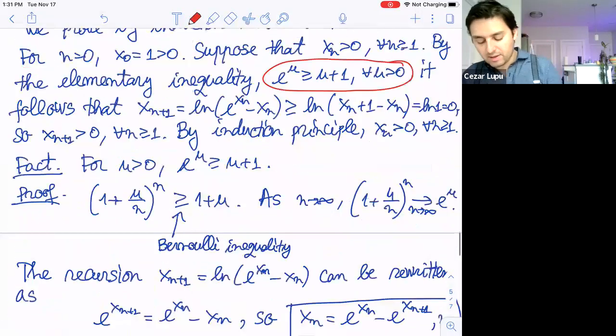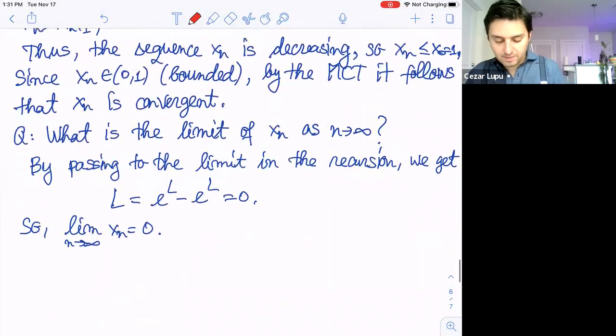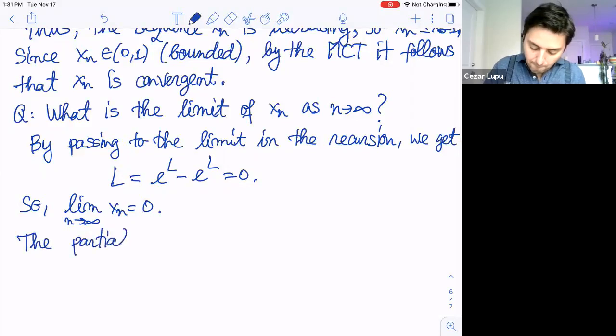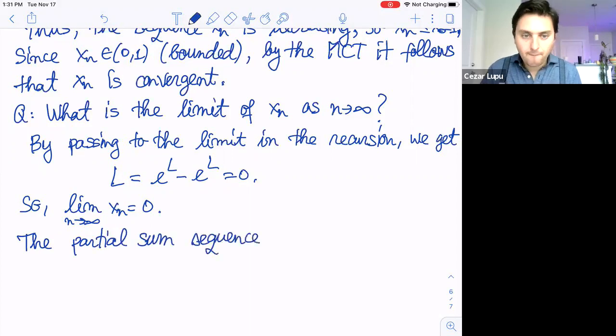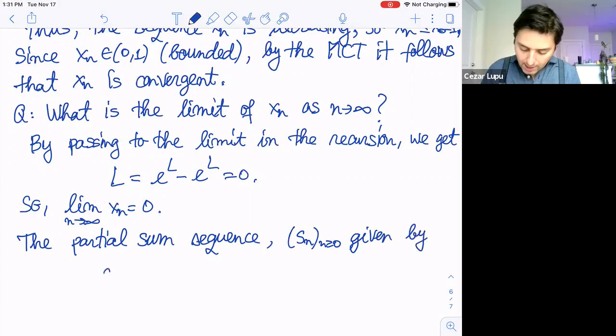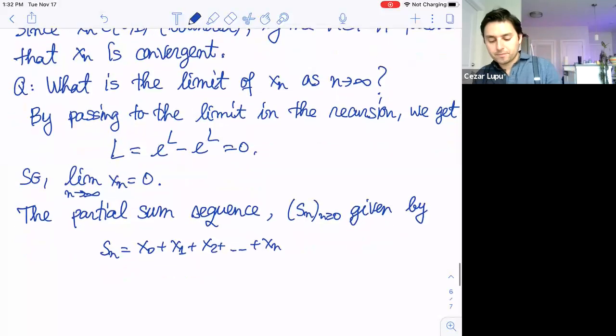So the sum of this series is nothing else than studying the partial sum sequence. Let's say Sn, n greater or equal than 0, given by Sn is x0 plus x1 plus x2 plus all the way to xn, right?